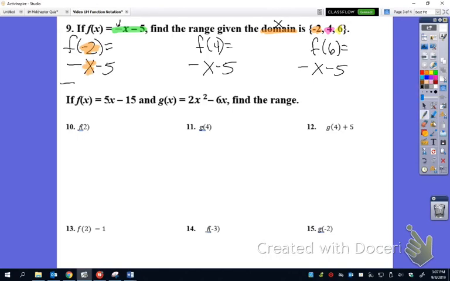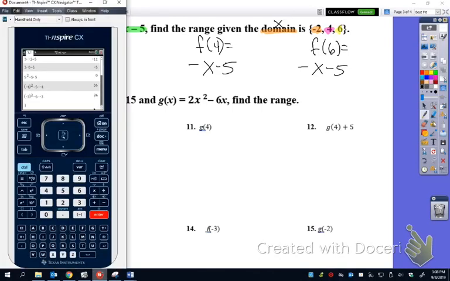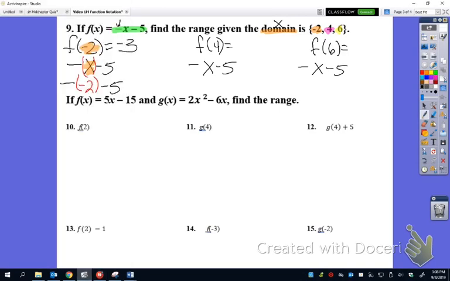So negative, and then you do the parentheses. Make sure that you're careful. That's going to be negative 2. And then you bring down the minus 5. You have to type it in exactly like that. And then minus 5. And you get negative 3. So the first one is negative 3.